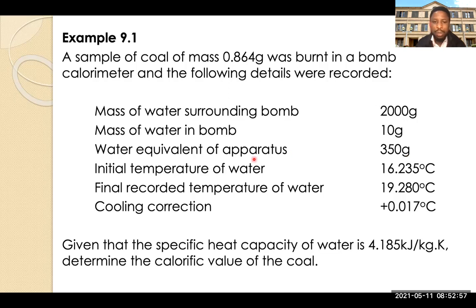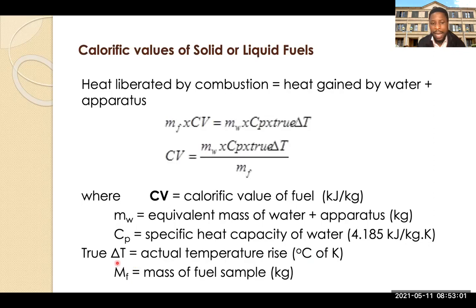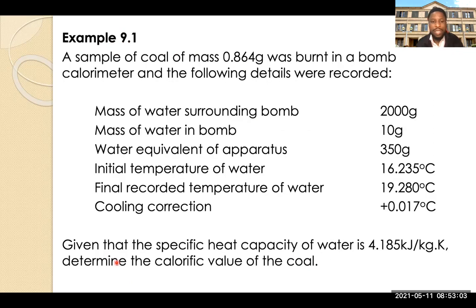So initial temperature, so from this we can now calculate a change in T. And then cooling correction, so we'll see how that comes to the fore when we start looking at our calculation. So I'm just trying to explain this so that when we walk through the calculations, if our heat capacity is in kilogram Kelvin, what we want to ensure is during our calculation, everything here is converted to Kelvin.